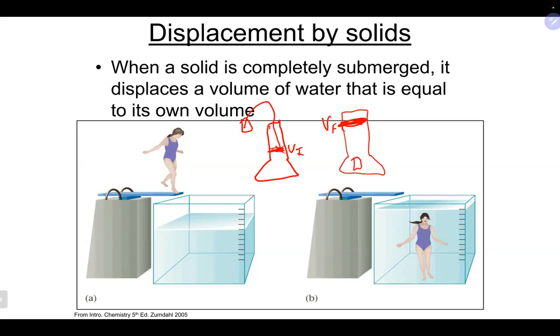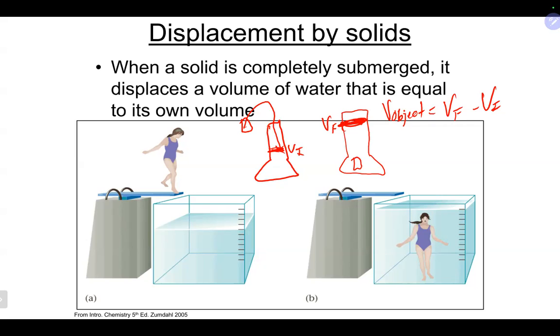If you take the difference between those two, the volume of the object would equal the final volume minus the initial volume. So that's a very, very common way in chemistry to figure out the volume of a substance: just take some liquid, take a reading, drop the solid in there, take the next reading.